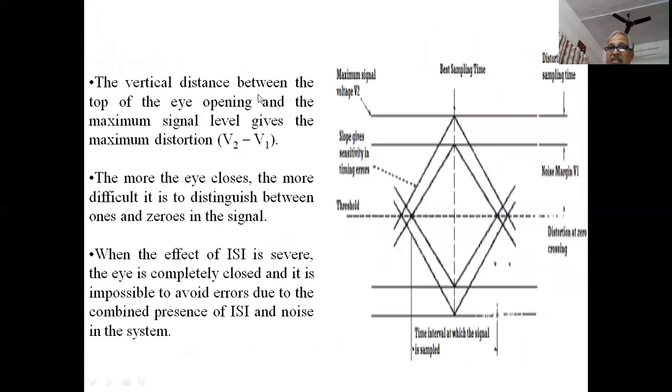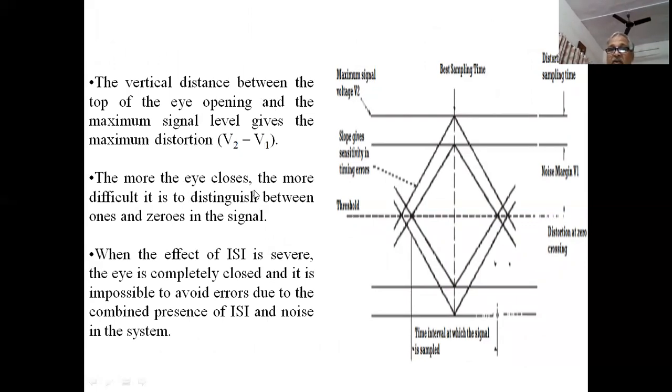The vertical distance between the top of the eye opening and the maximum signal level gives the distortion. The value of maximum signal voltage is V2, and the value of eye opening voltage is V1. So the difference is V2 minus V1.